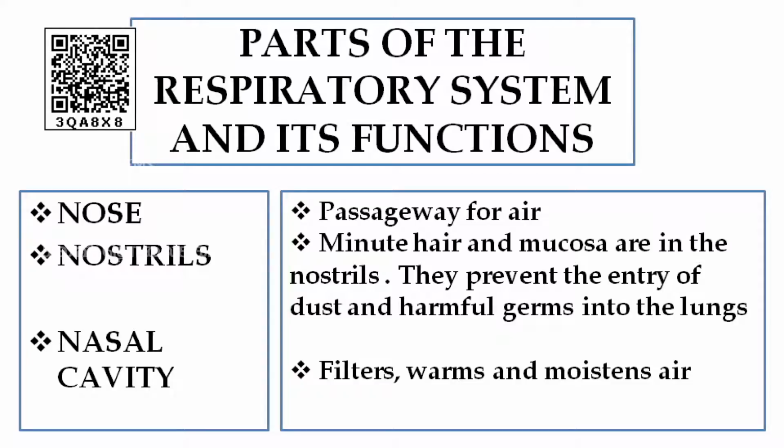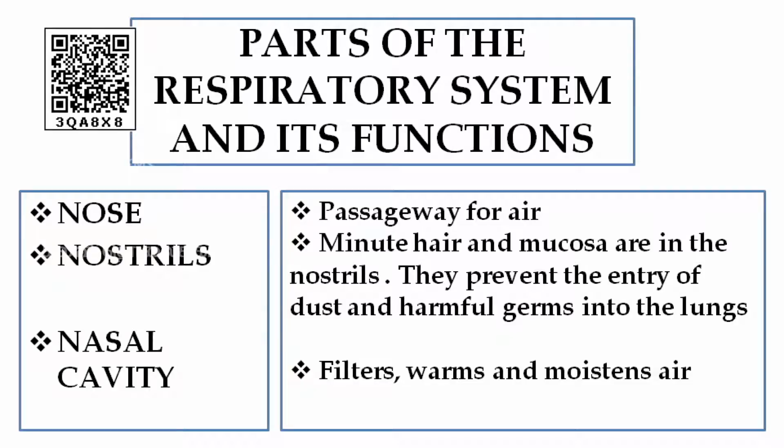They prevent the entry of dust and harmful germs into the lungs. Yes, you can see the nostril by looking in the mirror. You can see the minute hair inside your nostril and mucosa also. So this prevents the entry of dust and harmful germs into the lungs.